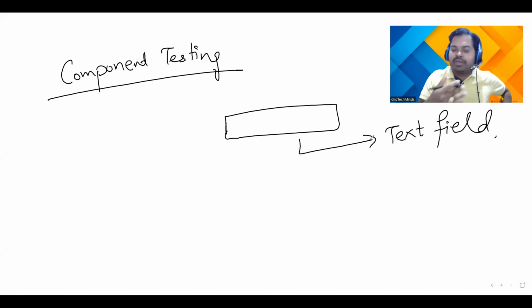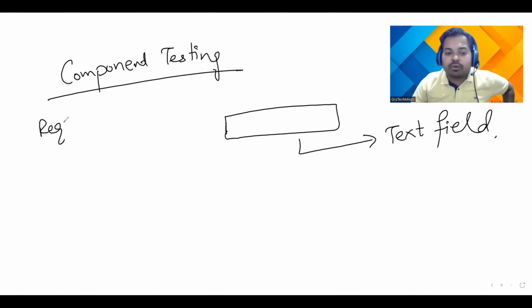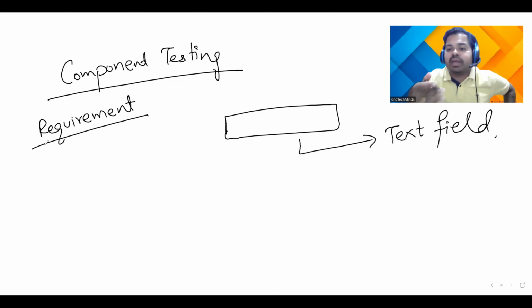Whenever you are doing component testing or any kind of testing, the prerequisite or precondition is that you should be aware of the requirement. Only after understanding the requirement can you jump in and test your application. That is something I have already explained while teaching you the other models.